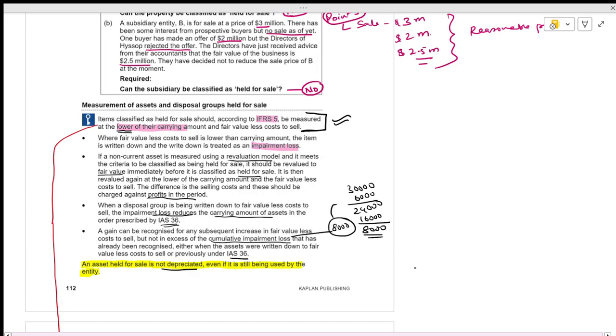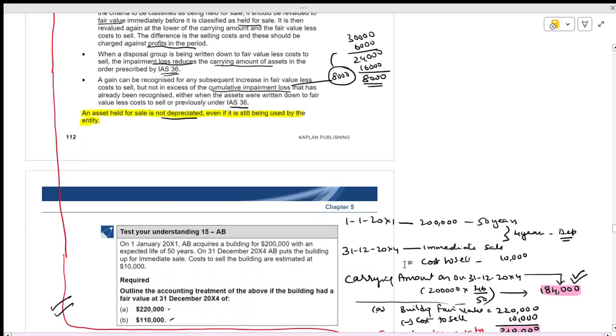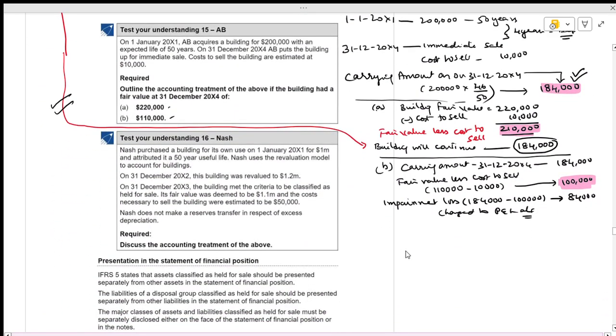Fine. Hopefully with this we are completing this chapter, chapter 5. Chapter 5 is taking a longer time, but it happens, no problem.